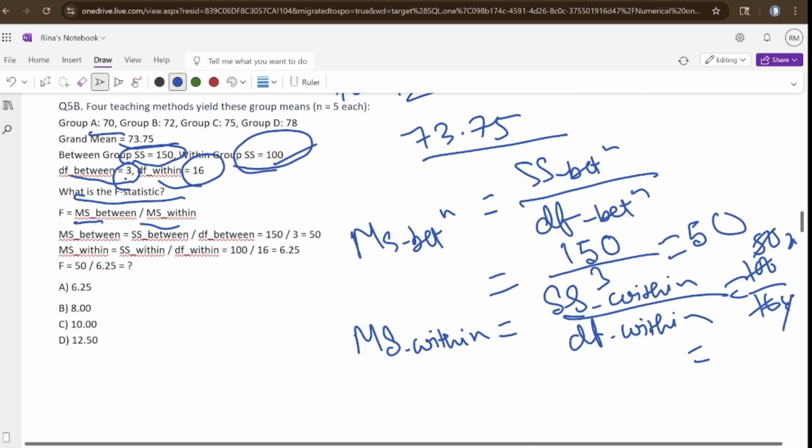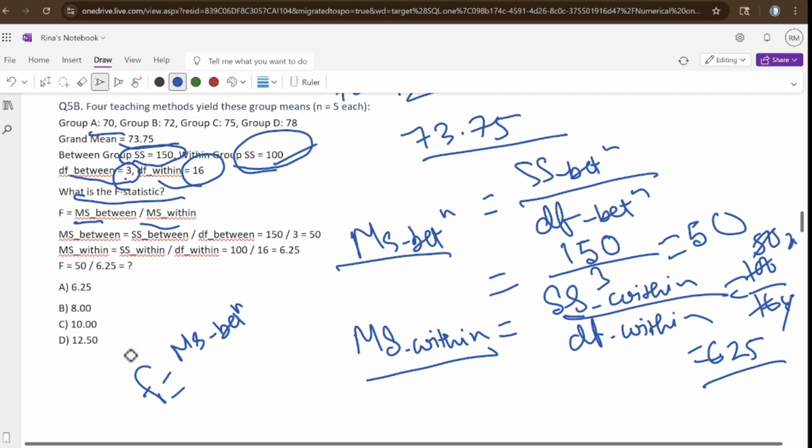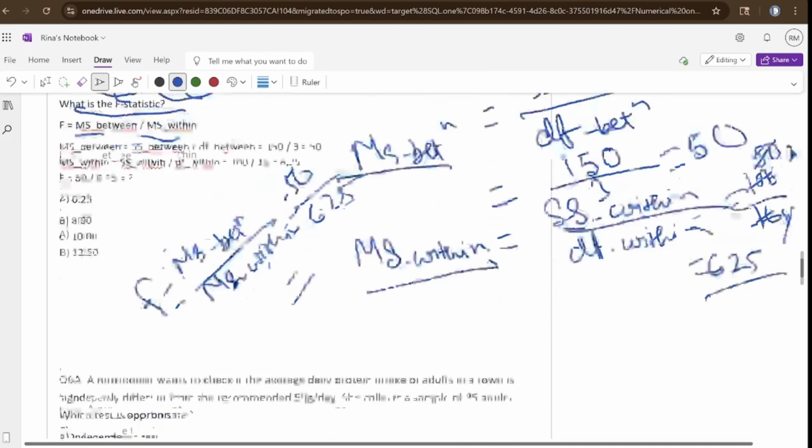Sorry, 6.25. Okay. Now once you get them, now you can simply write F equal to MS between by mean square within. So mean square between is 50, mean square within is 6.25. Okay. Now you can calculate whatever the values. Okay. Now let's do the next one.